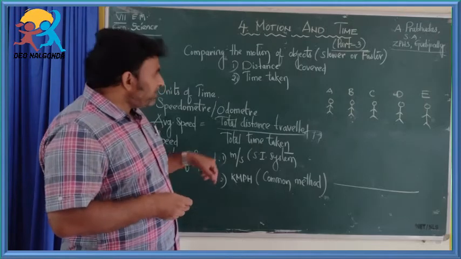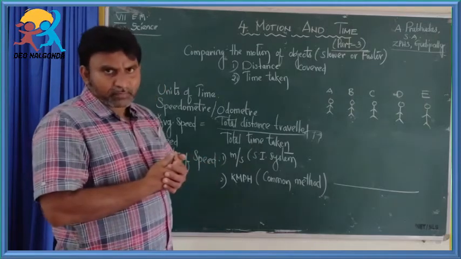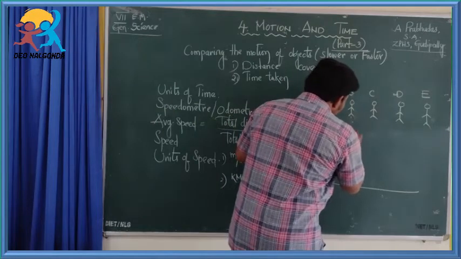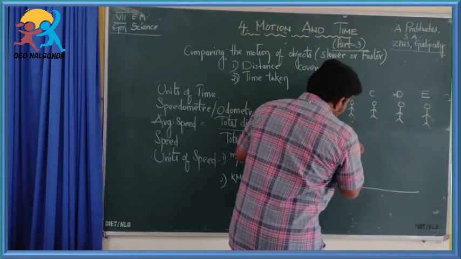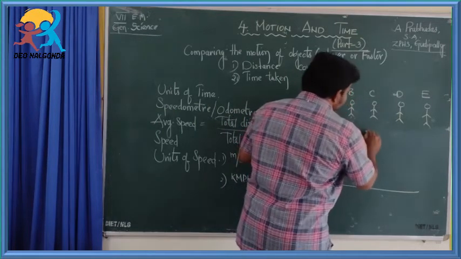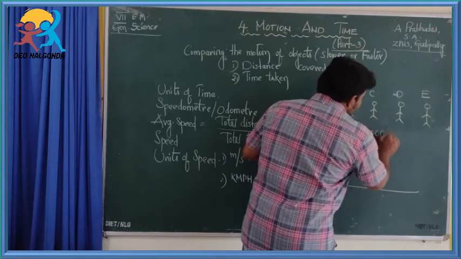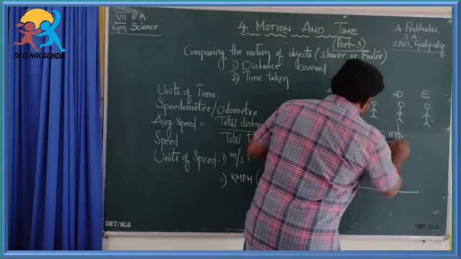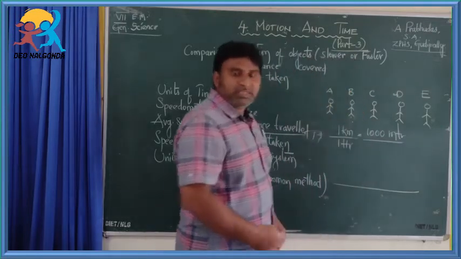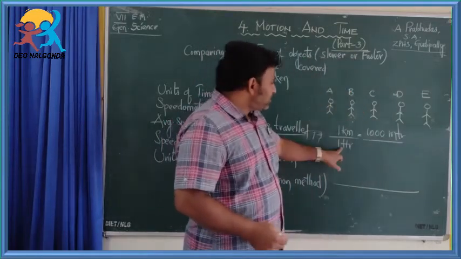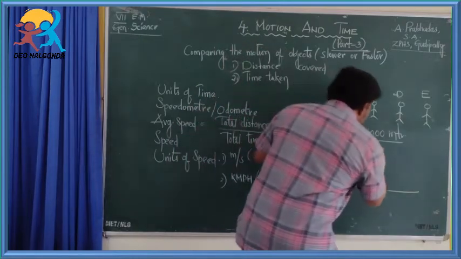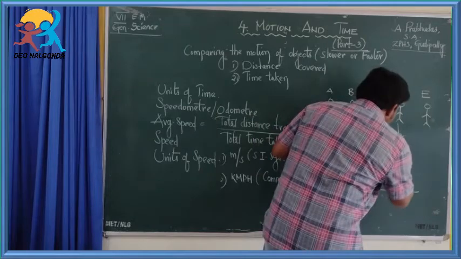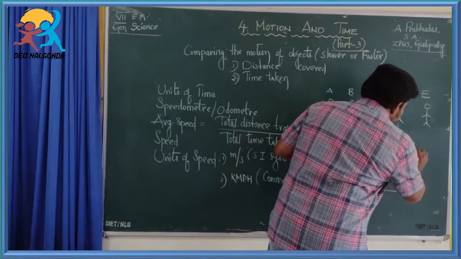So, 1 kilometer per hour is equal to 1 kilometer per 1 hour. You know, 1 kilometer is equal to 1000 meters, and 1 hour makes how many seconds? 1 hour contains 60 minutes and each minute contains 60 seconds.